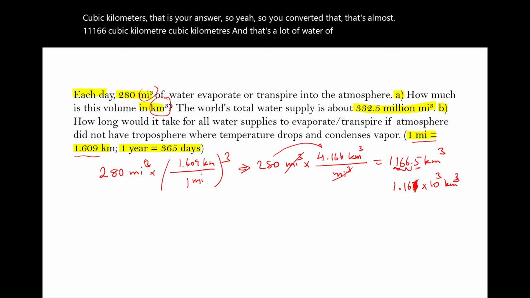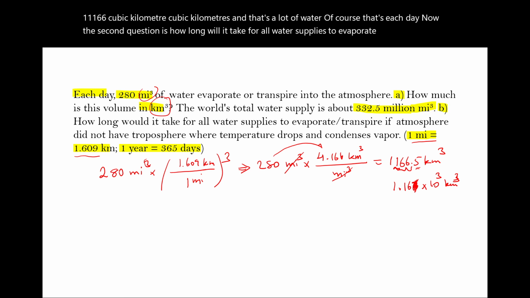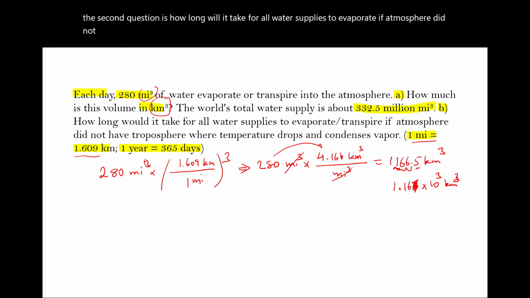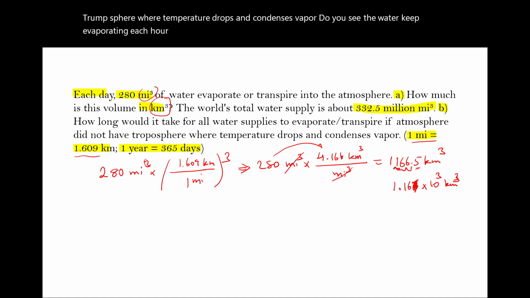That's each day. Now the second question is, how long would it take for all water supplies to evaporate if the atmosphere did not have a troposphere where temperature drops and condenses vapor? You see, the water keeps evaporating each hour, each second, each minute, and each day 280 cubic miles of water evaporates.